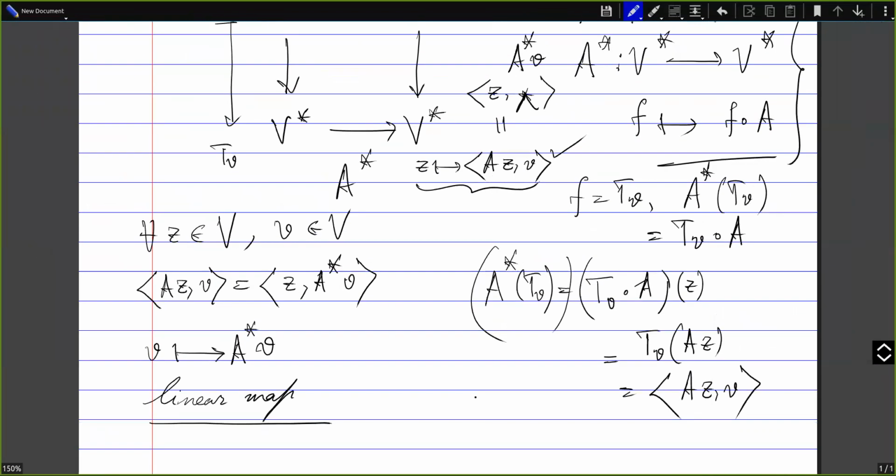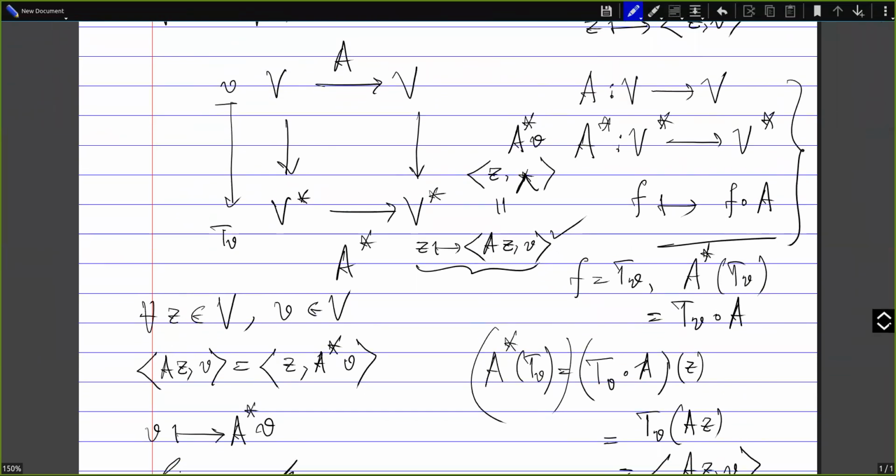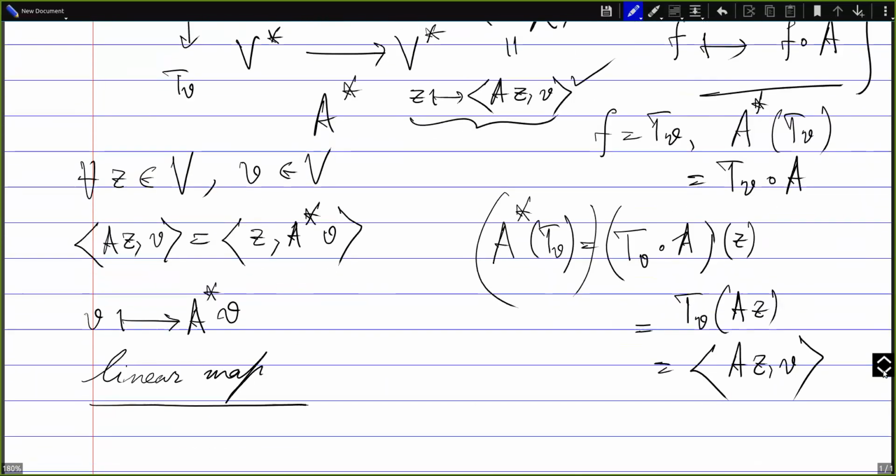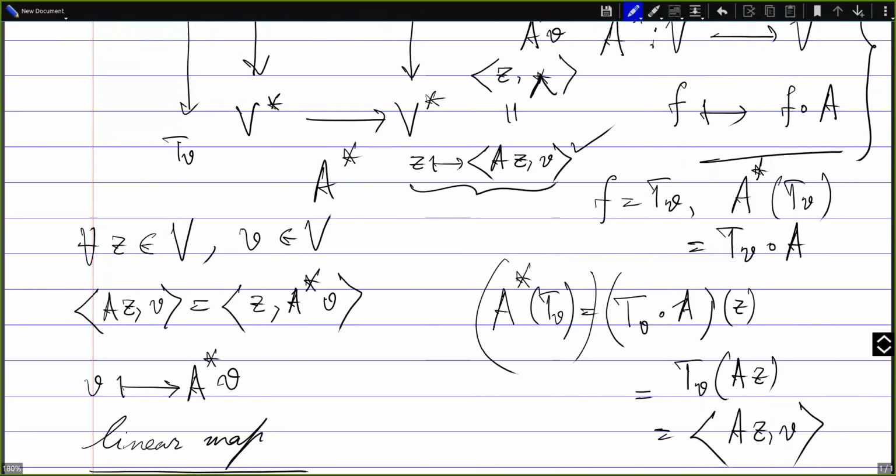So recall what we have done. To begin with, A star was a map at the level of duals. For each V, I have TV, and all elements in V star are like TVs. Then A star TV is again in V star. So we use the Riesz representation theorem once again, and we get a vector which we denote by A star V, such that for every Z, the inner product of Z and A star V is the inner product of AZ and V. That's how A star V is defined.